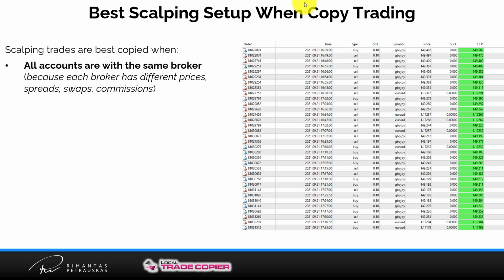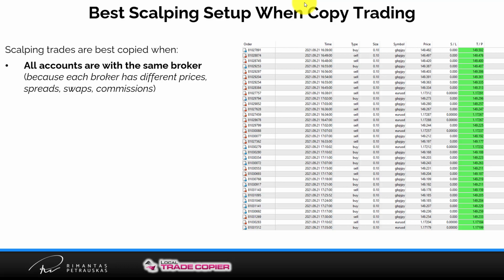Okay, now the same on the client account. Let's say it's from a different broker, with different trading conditions, and that account got charged commissions of $5, and then there was also a spread which is higher.